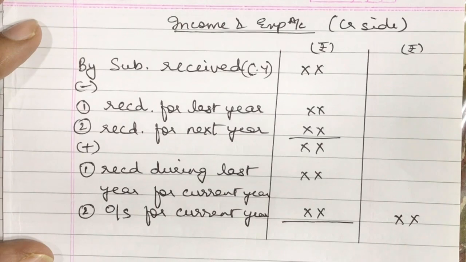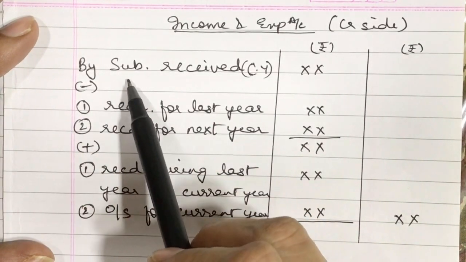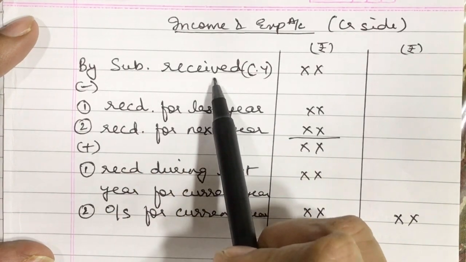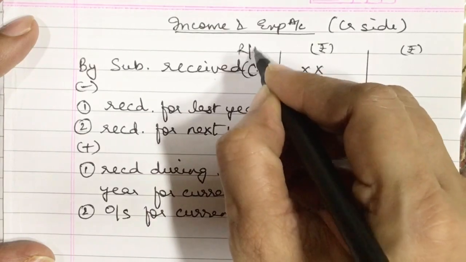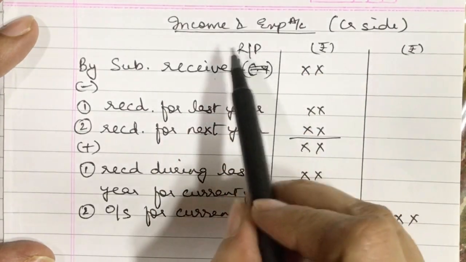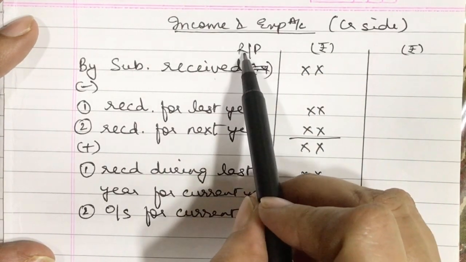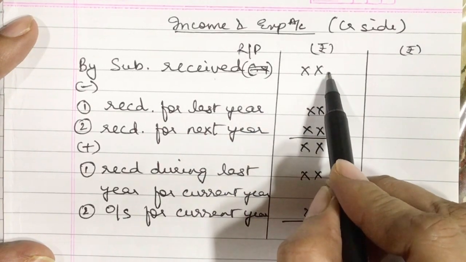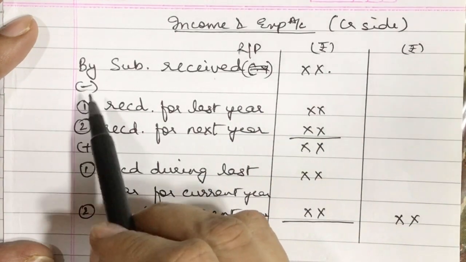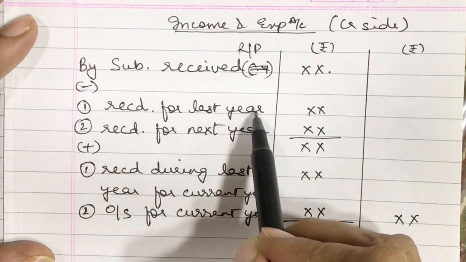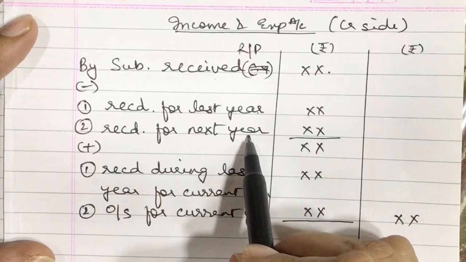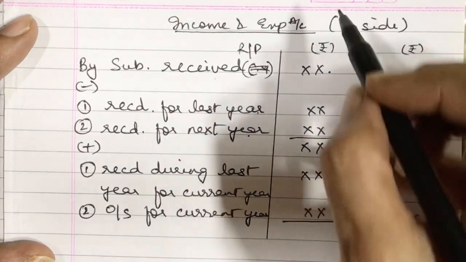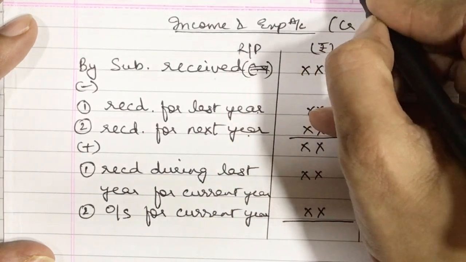Now see, this is your income and expenditure account credit side. By subscription received, the total amount of subscription that is received is given to you in the receipt and payment account. Now you have to reduce whatever is received for the last year and whatever is received for the next year, because your income and expenditure account works on the basis of accrual.